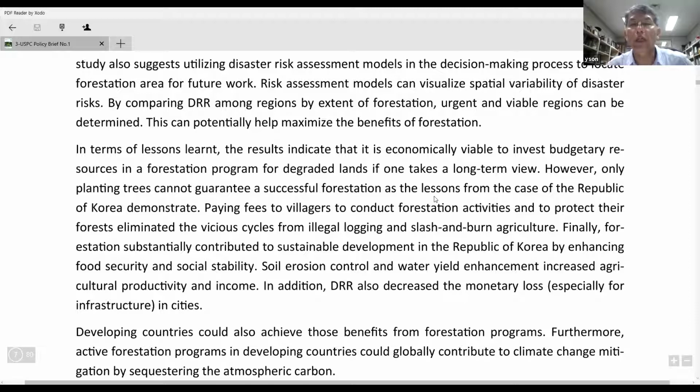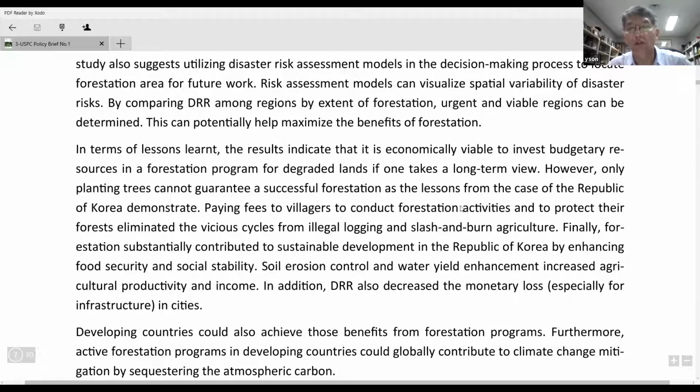As you see in the lessons from the case of ROK, paying fees to villagers to conduct reforestation activities and to protect their forest eliminated the vicious cycle of illegal logging and slash and burn agriculture.